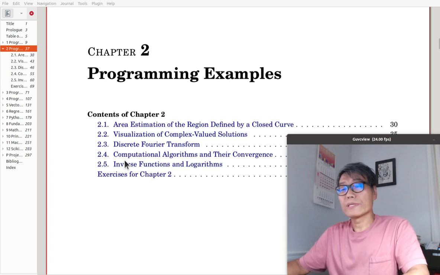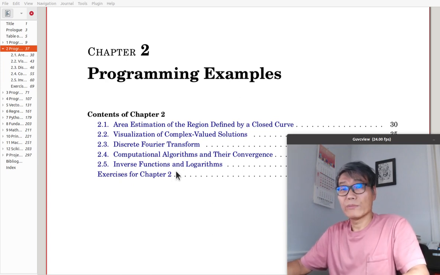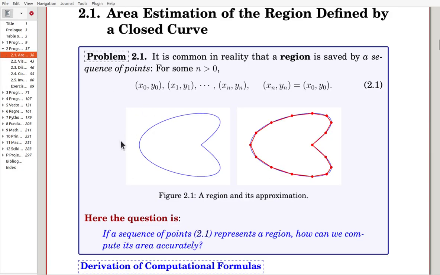Then we'll study computational algorithms and their convergence speed. And finally, in the chapter, we'll consider inverse functions along with exponential functions and logarithmic functions. Let's go to section 2.1.